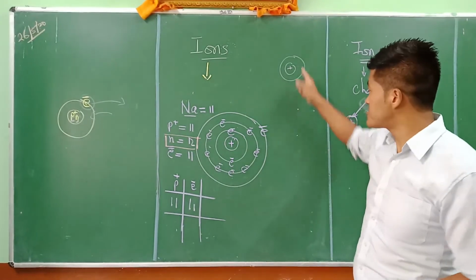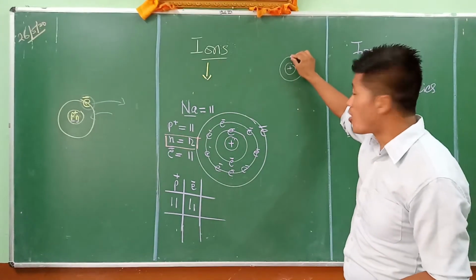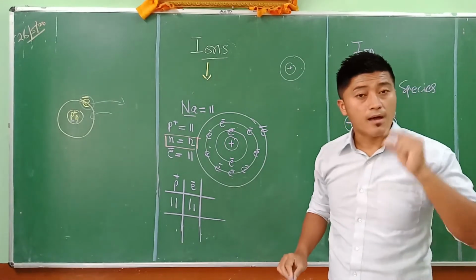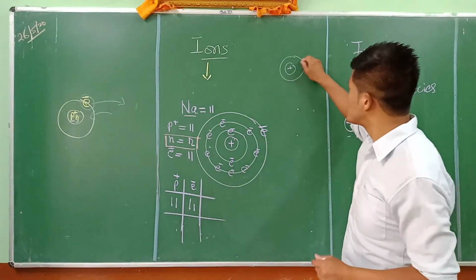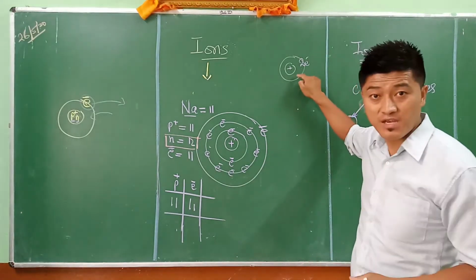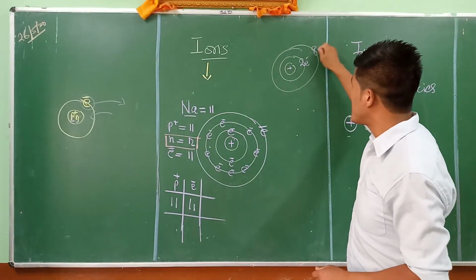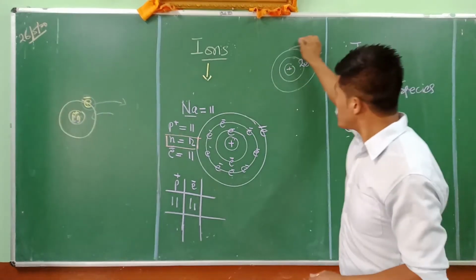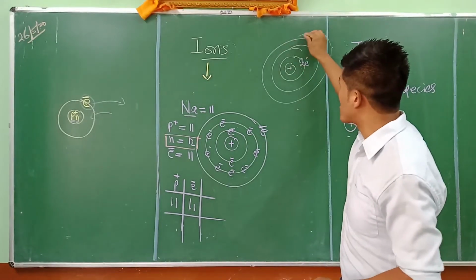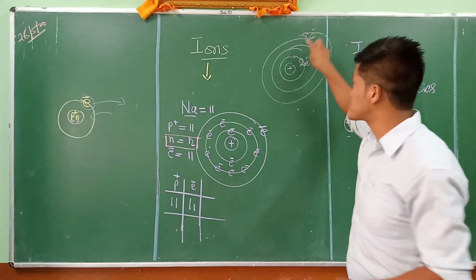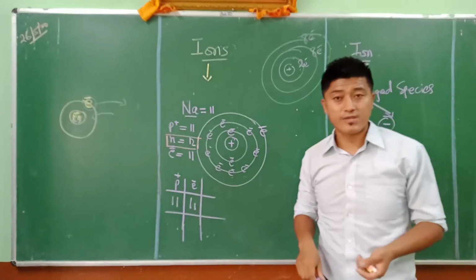In the first shell, an atom can accommodate only 2 electrons. In the second shell, an atom can accommodate 8 electrons. In the third shell, they can also accommodate 8 electrons here. This concept is going to change when you go to class 11 and 12.